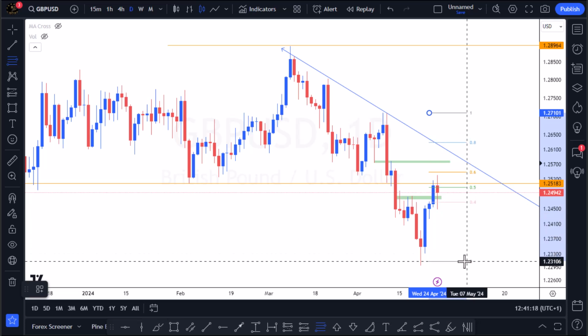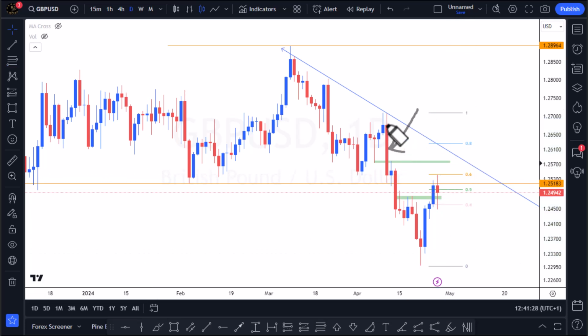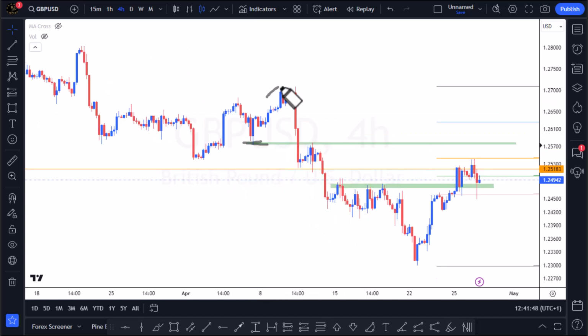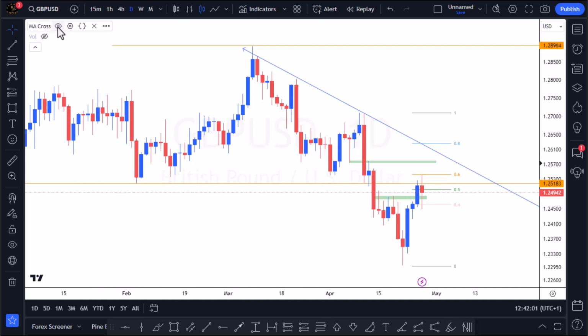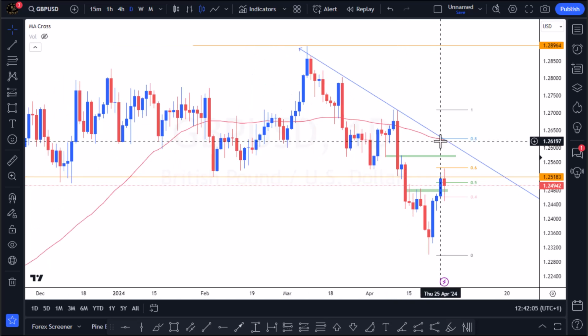The 61.8% Fibonacci level, strong bearish order block zone, retest of double top neckline zone, which is obvious on the intraday chart, that is the 4-hour chart, descending trend line zone, and lastly a better point for traders using the 50-period moving average.